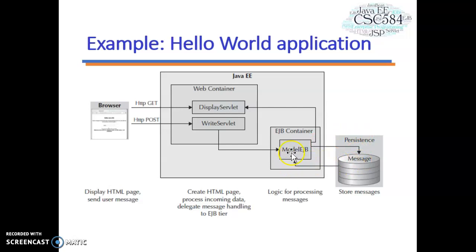It responds back to the model EJB, which resides on the EJB container, and responds back to the web container, and it will display the results. So this is basically how the Hello World application works in a JavaEE application.